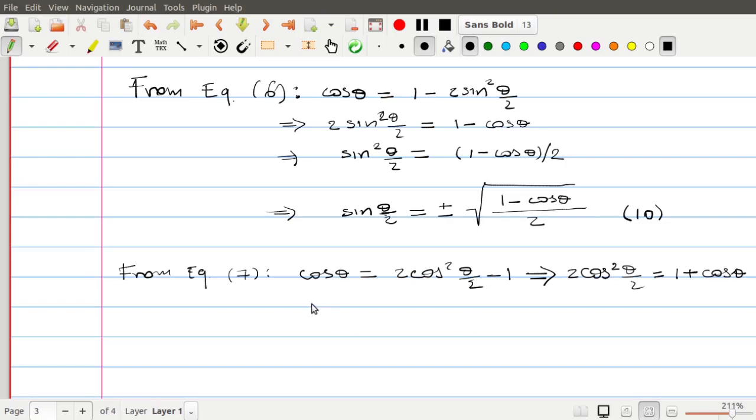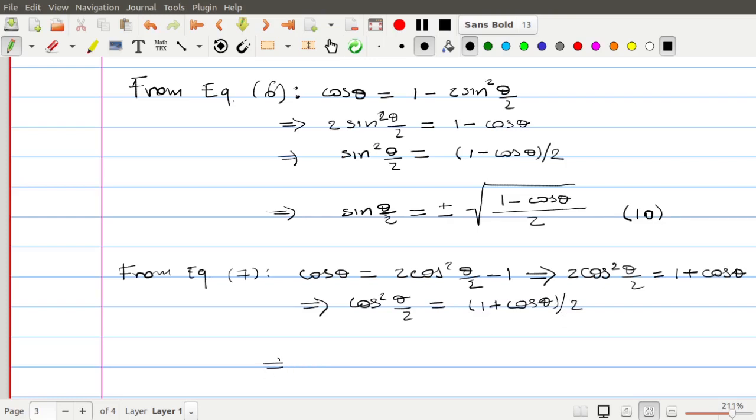So cosine squared theta by 2 is equal to 1 plus cosine theta, divided by 2.